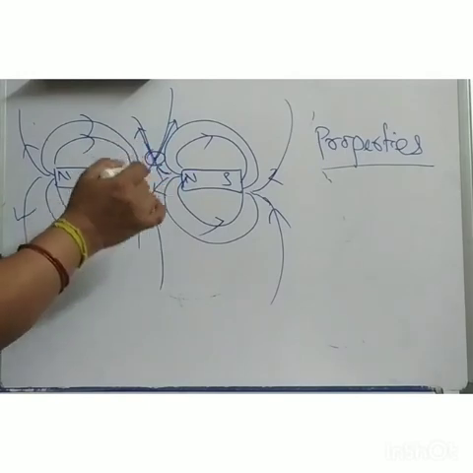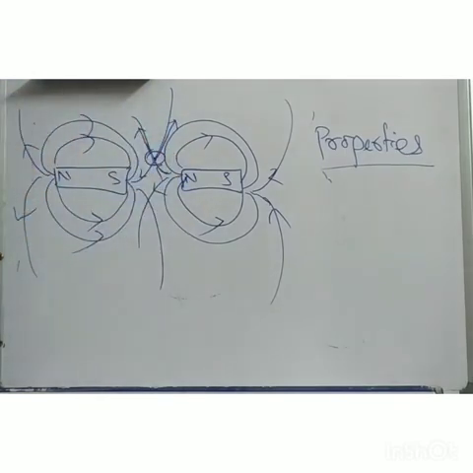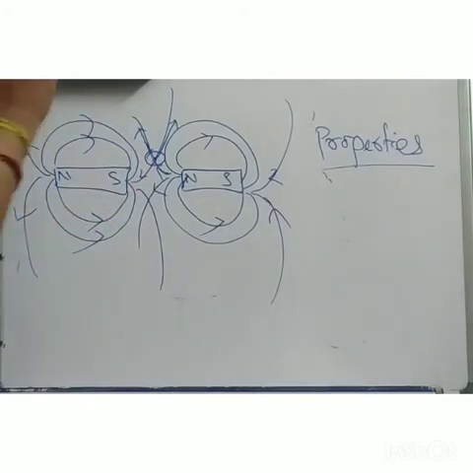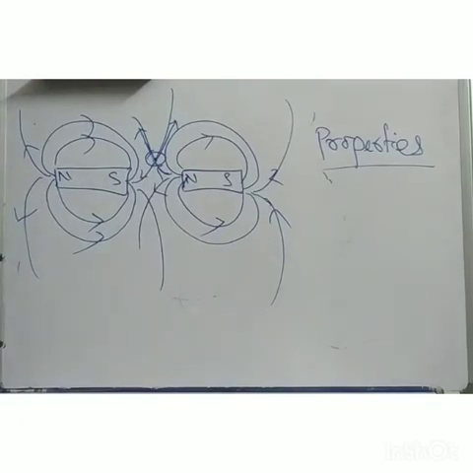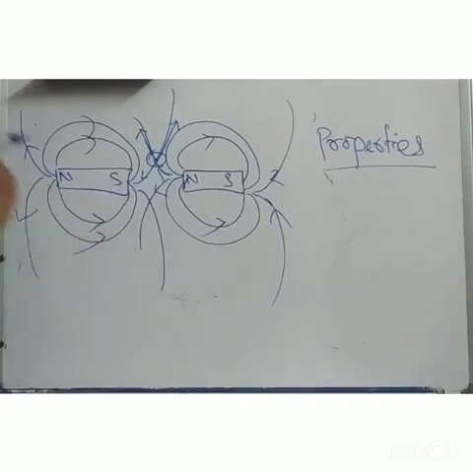At one point, the compass needle has to show two directions. Is it possible to get two directions at one point? It is not possible. That shows magnetic field lines never intersect each other.